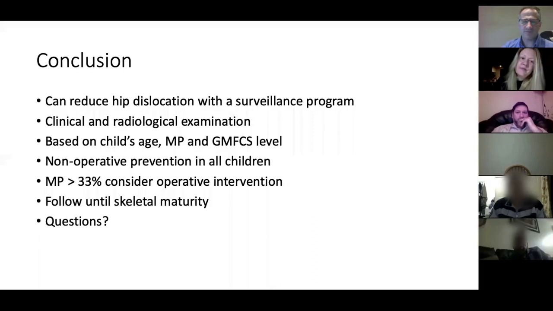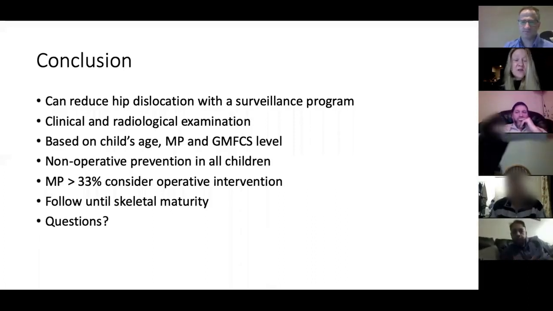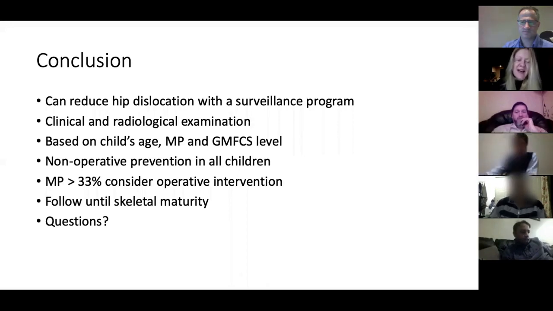Okay, and for complete dislocation? Again, it depends on the age of the child and their GMFCS. If you can get a located hip with a combination of femoral and acetabular osteotomy, I think that would be the way forward.